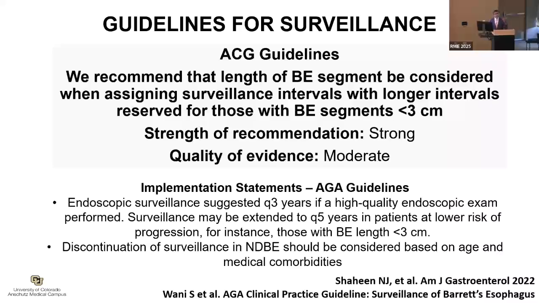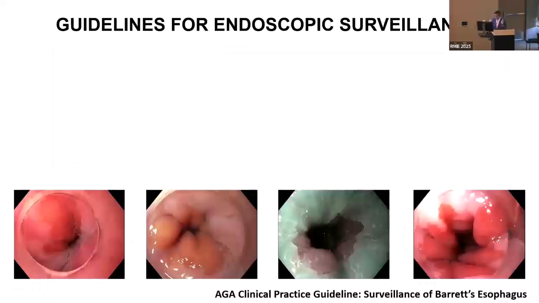But then when I look back at all the endoscopies that they've had, they were all diagnosed with non-dysplastic Barrett's. These are all unnecessary endoscopies that were done. And when we looked at the GI Quick database, Doug Rex talked about this benchmarking registry, nearly 30% of all patients diagnosed with non-dysplastic Barrett's esophagus are brought back too soon. We've got to start adhering to the guidelines that have been published by our GI societies.